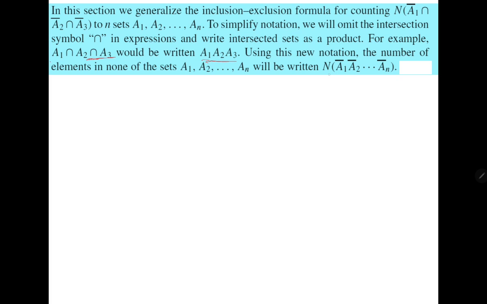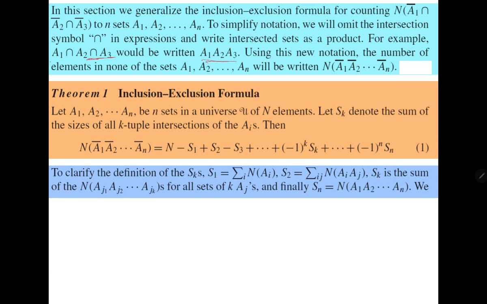So now I am looking for n of a1 bar, a2 bar, ..., an bar. If you generalize for two sets and three sets, which we discussed in the last class, then n of a1 bar, a2 bar, ..., an bar can be written as n minus s1 plus s2 minus s3 and so on, where s1 is the sum of all n of ai, s2 is the sum of all n of ai aj, and so on.